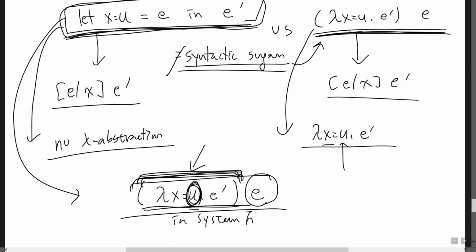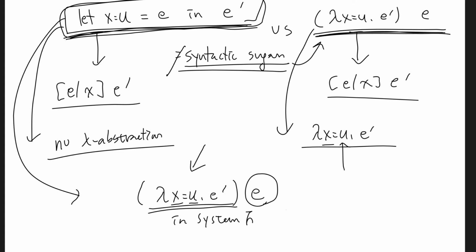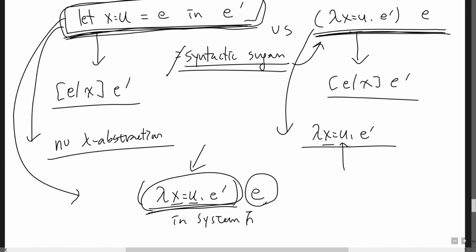So you cannot pass this lambda abstraction, where this variable x has a polymorphic type. You can declare this lambda abstraction in this language, but you can never pass it as a first-class citizen. For instance, you cannot pass this lambda abstraction as an argument to another function.